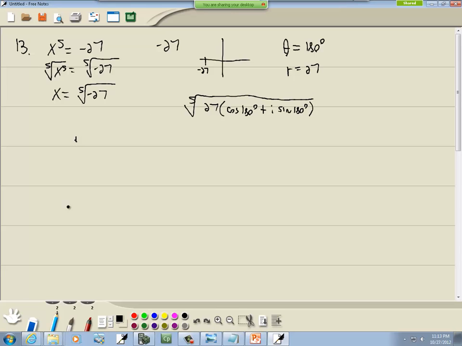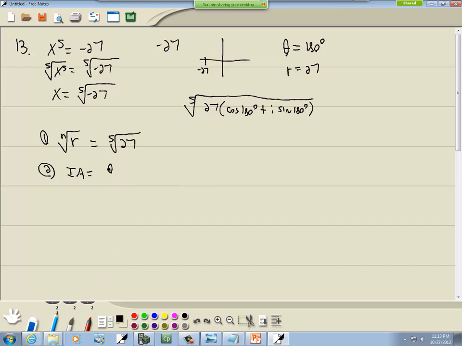Okay, now we need to find the nth root of r. So that'd be the fifth root of r, which is 27, which we can't break down any because 27 is 3 times 3 times 3. Now our initial angle, that's going to be our theta, which is 180 degrees, divided by 5, because that's our n. And actually, let me write down the formula.